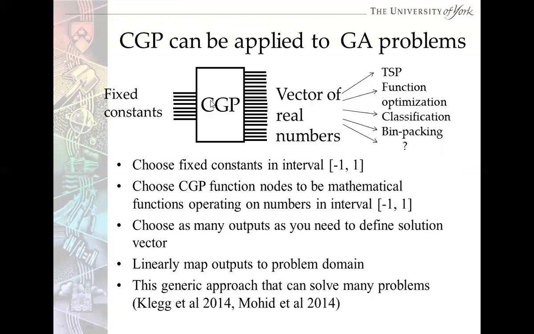You just feed in some fixed constants, use a GP graph for mathematical functions, and output a big vector of real numbers, and then use those numbers to optimize a very wide range of problems. This has been tried in a few instances. There are a couple of papers out there on that. But I think that's quite an interesting thing to investigate in the future.